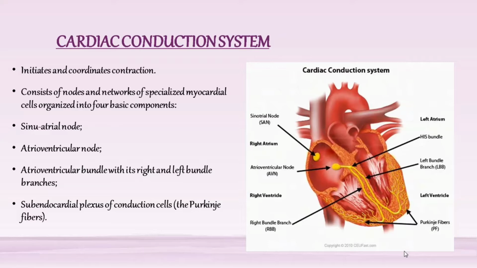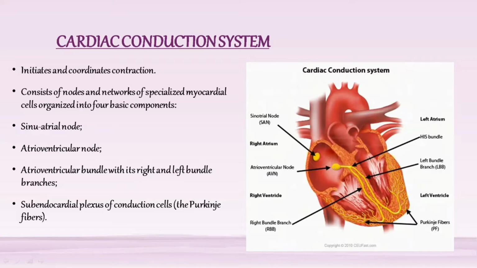Now, the cardiac conduction system consists of nodes and a network of specialized myocardial cells, which are organized into four basic components. The first is SA node, the sinoatrial node. The second is AV node, the atrioventricular node.